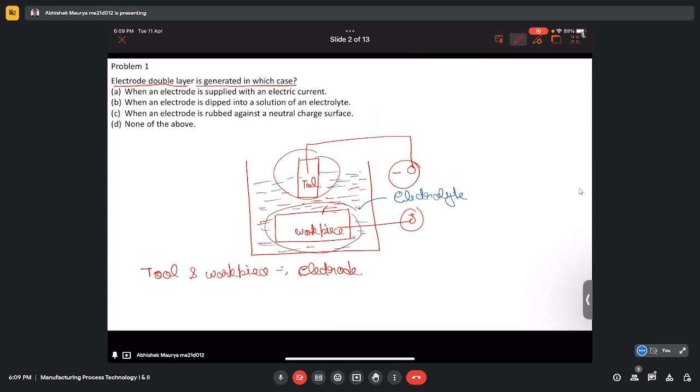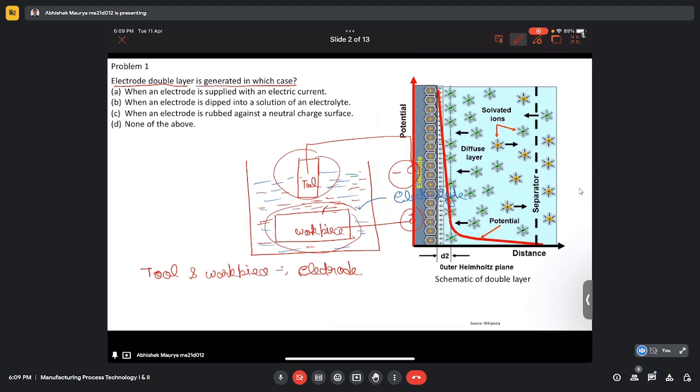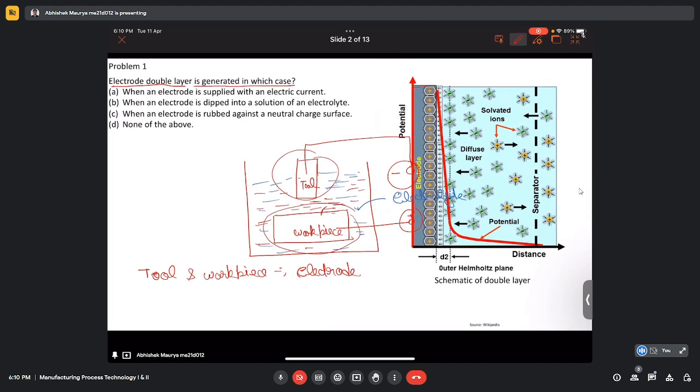Let's see a little bit more about the electrode. Here the blue one is an electrode. What we are trying to see is what happens when the electrode comes in contact with the electrolyte. I am saying that material is dissolving from the workpiece into the electrolyte, but what happens at the interface has been shown here.